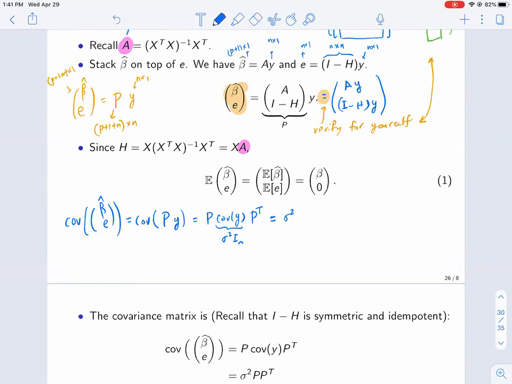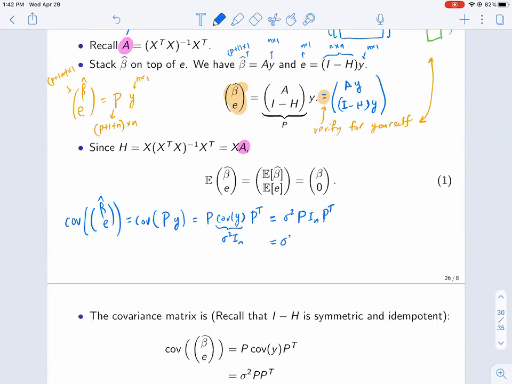Or no, let's say one step ahead. What should I do with I? I is just in the middle. Right. Yeah. So what is the next simplification that we usually do here?